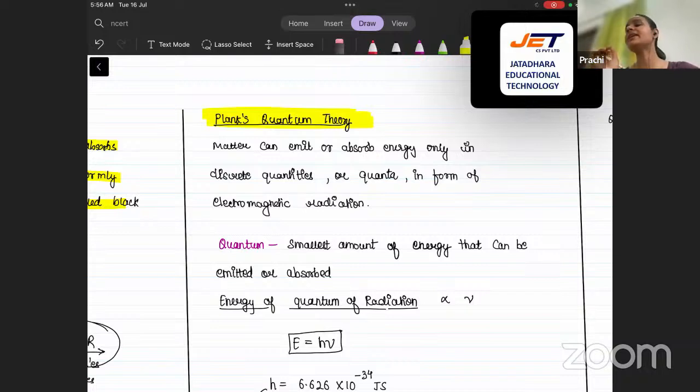So from here, I'll just give you an idea of what he did. Instead of taking light as a wave, he said that it is not in the form of a wave, it is in the form of particles.